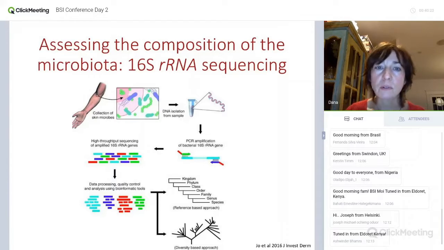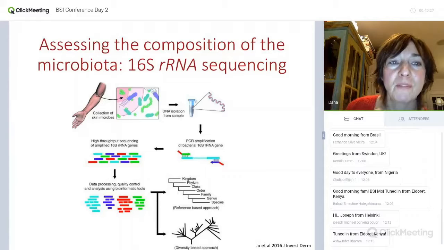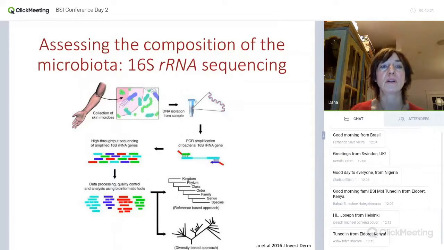I'm not going to go through this in detail. Hopefully some people know how we assess the composition of the microbiota. Basically, we look at sequencing of the 16S rRNA gene. This is a gene that's found in all microbes, and there are conserved regions and variable regions.